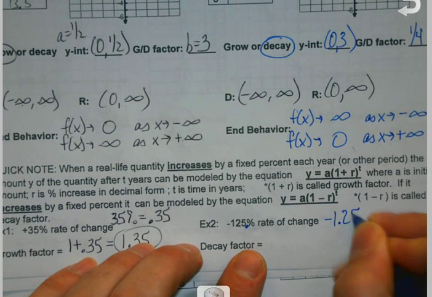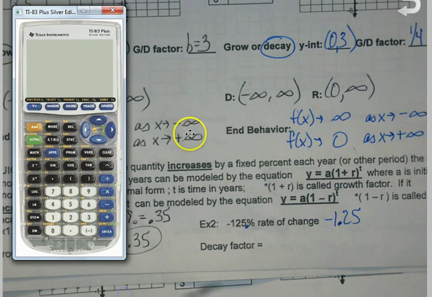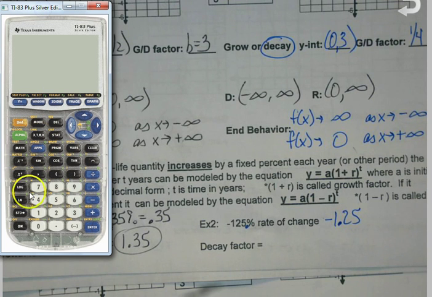Now you're like, what if I forget this? Is there a way on a calculator I could do it? Yes. If you're trying to turn any percentage into a decimal, all you have to do is take the number and divide it by 100. Like if you had 7%, you could do 7 divided by 100, and you'd get the decimal form.